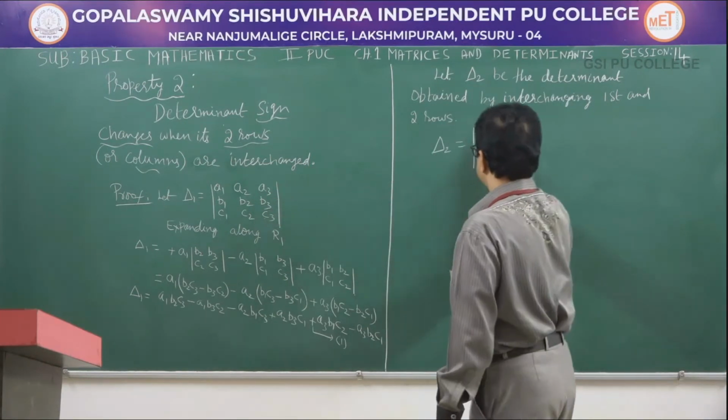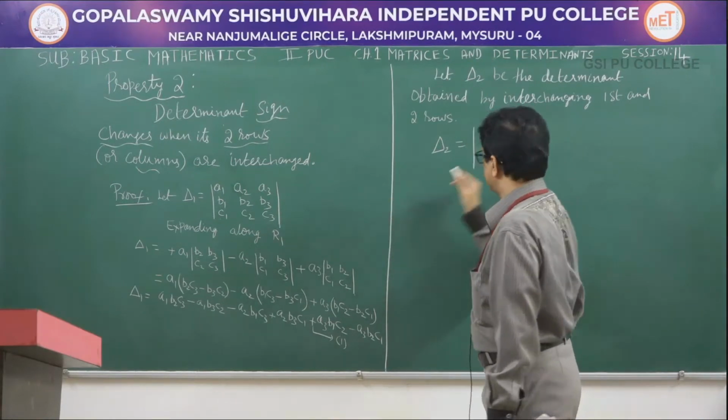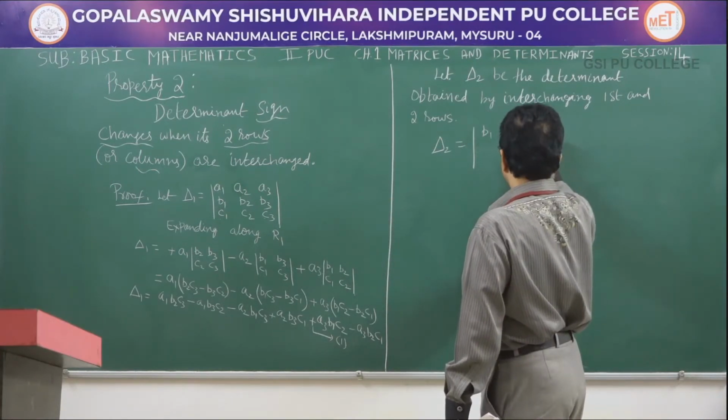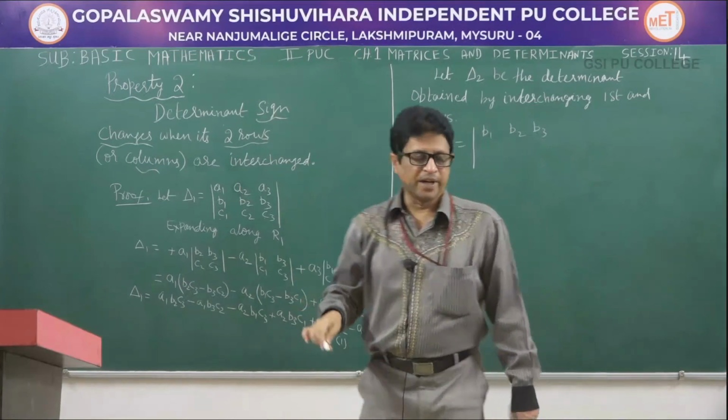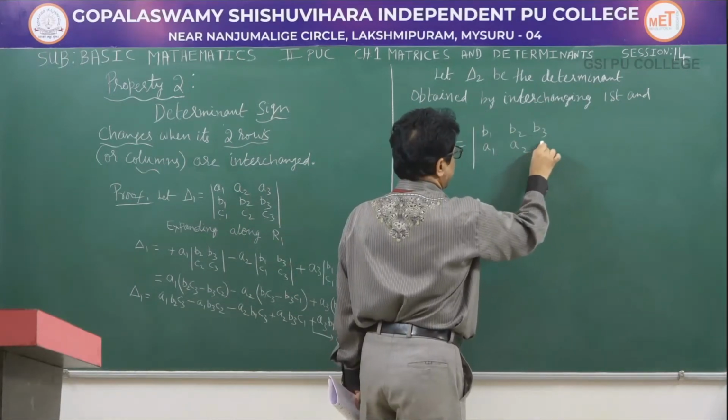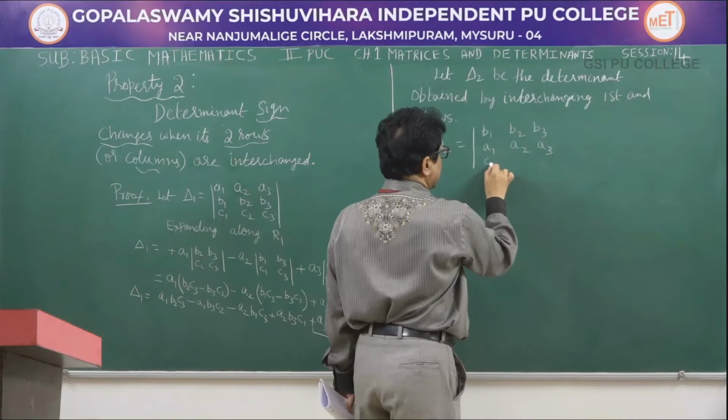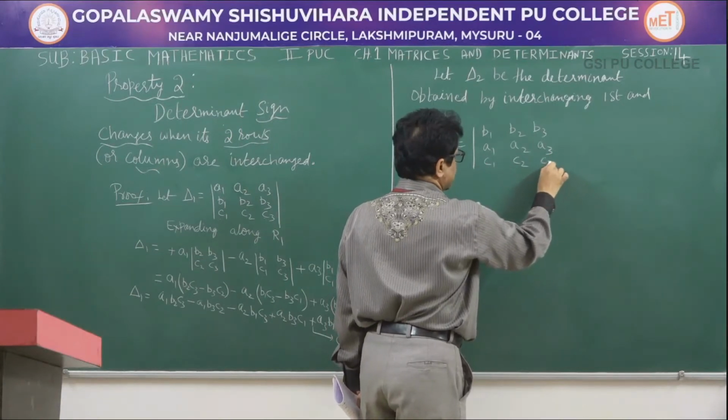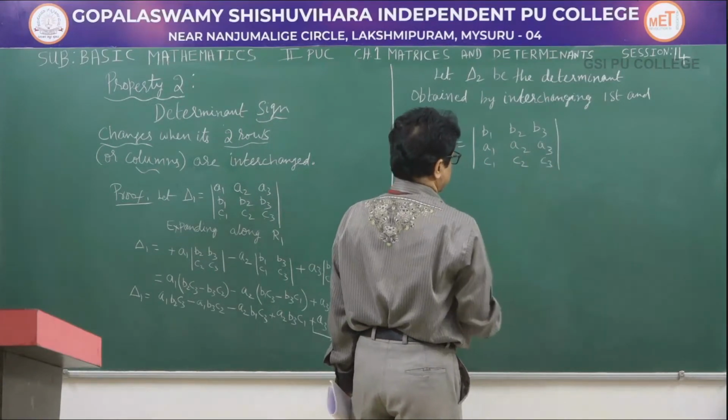So the first row becomes B1, B2, B3 and the second row becomes A1, A2, A3. Third row remains as it is, C1, C2, C3.